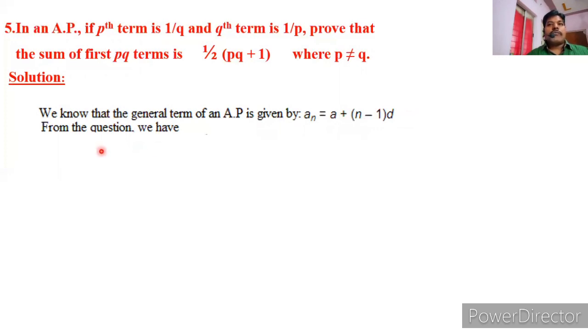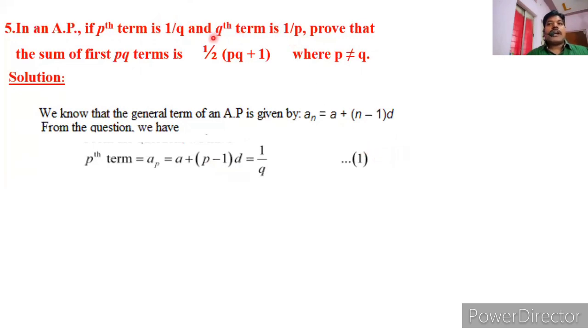From the question, they have already given one condition. What is the pth term? ap is equal to a plus p minus 1 into d, is equal to 1 by q. They have already given that. Take that as equation number 1.